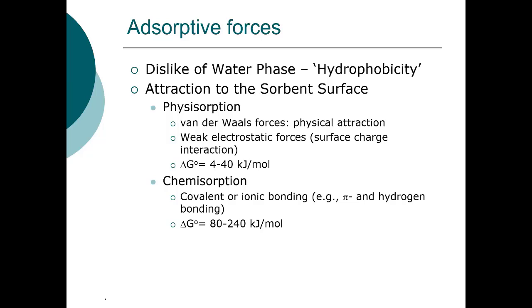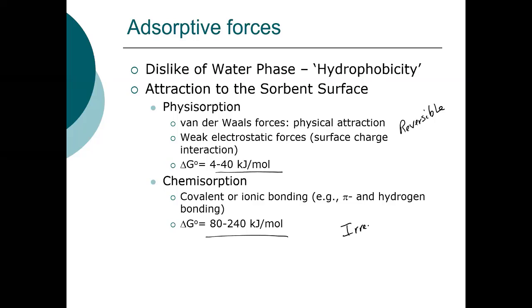The delta G is about 4 to 40 kilojoules per mole. These tend to be reversible. Chemisorption is a stronger sorption. And here we're talking about covalent or ionic bonding, and you can see that the delta G is much higher than the delta G here for physisorption. And these often tend to be irreversible.